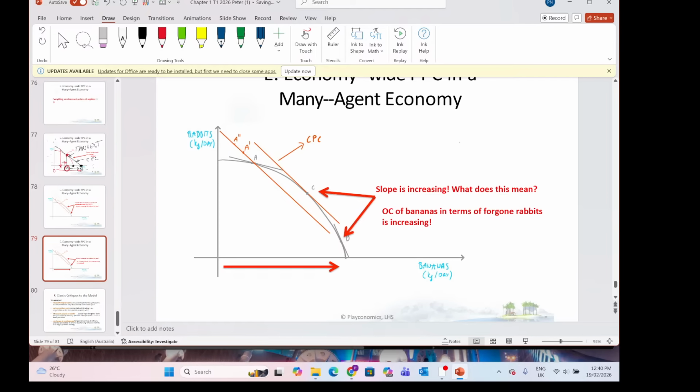You can see that these two slides just represent what I've been saying, that over to the right-hand side, over in this zone here, the opportunity cost of bananas in the rest of the world is now lower than ours, and we should be buying bananas from them after we get to point Z.